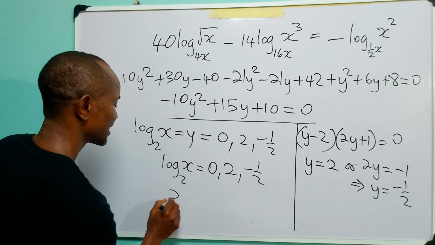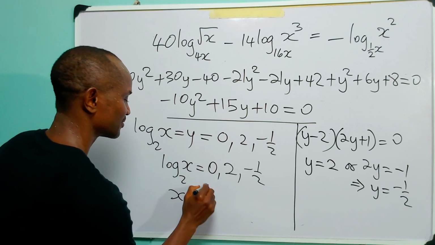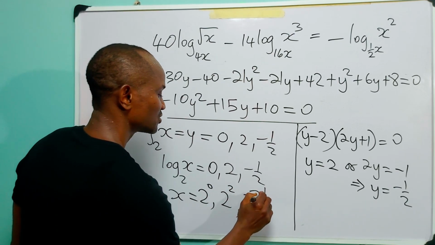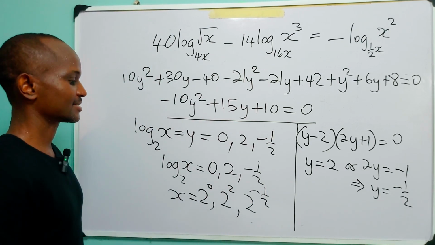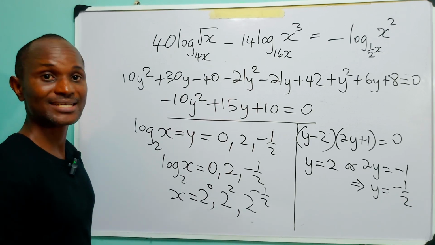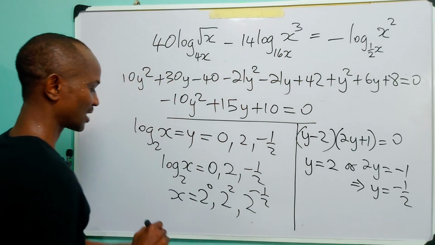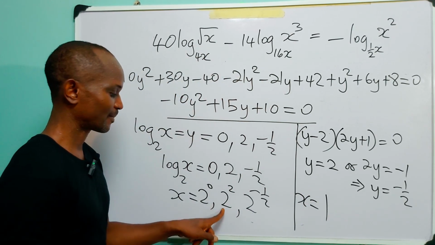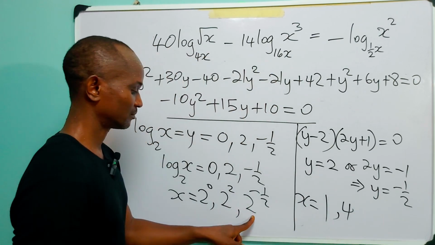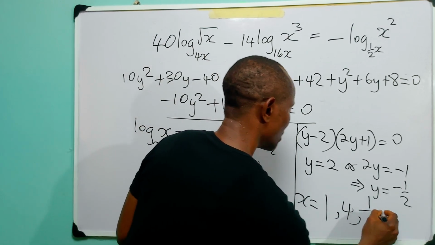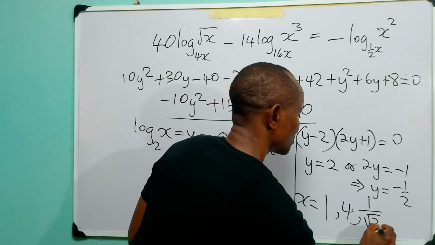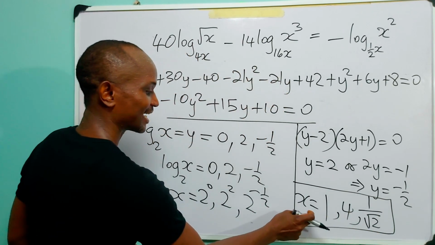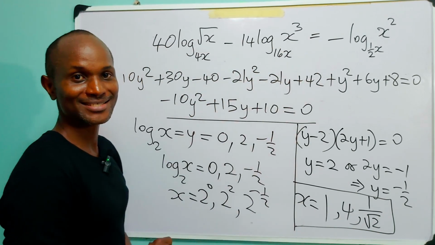From this statement, we know that x is equal to 2 raised to power 0, or 2 raised to power 2, or 2 raised to power minus half. Hence, we find that the values of x that satisfy this equation are x equal to 1, because 2 raised to power 0 is 1, or 4, or 1 over square root of 2. So these are the values of x that satisfy this equation.